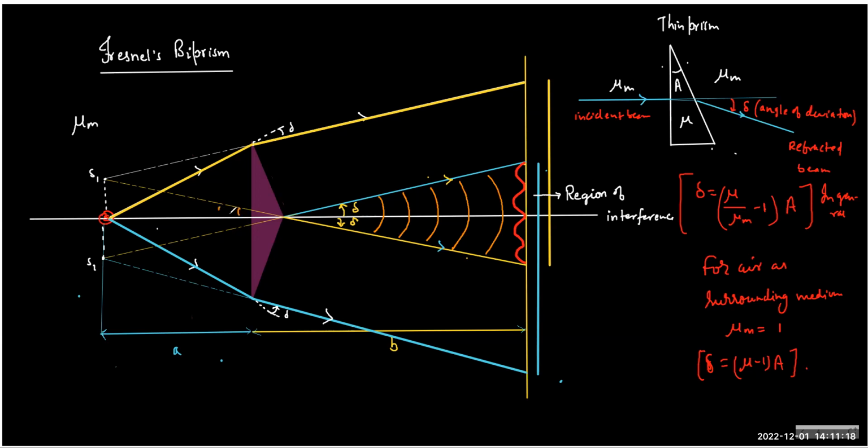Because we are taking A, the prism angle, to be very small, the delta is also going to be very small. It is so small that we probably can't see it, and A and B are very far away. First of all, we'll try to find this length.